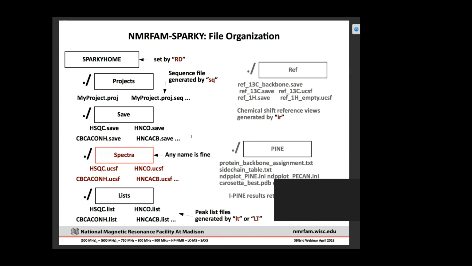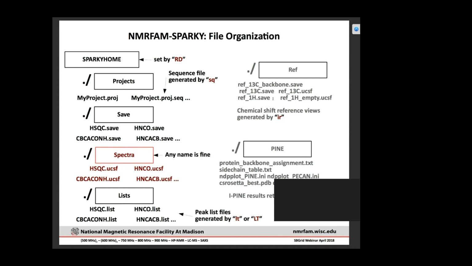And then the new directory that you can notice in this file organization chart is the chemical shift reference views. If you type IR in Sparky, it will generate the ref directory and place these files. These files will show you the chemical shift distributions that you can find in the BMRB.